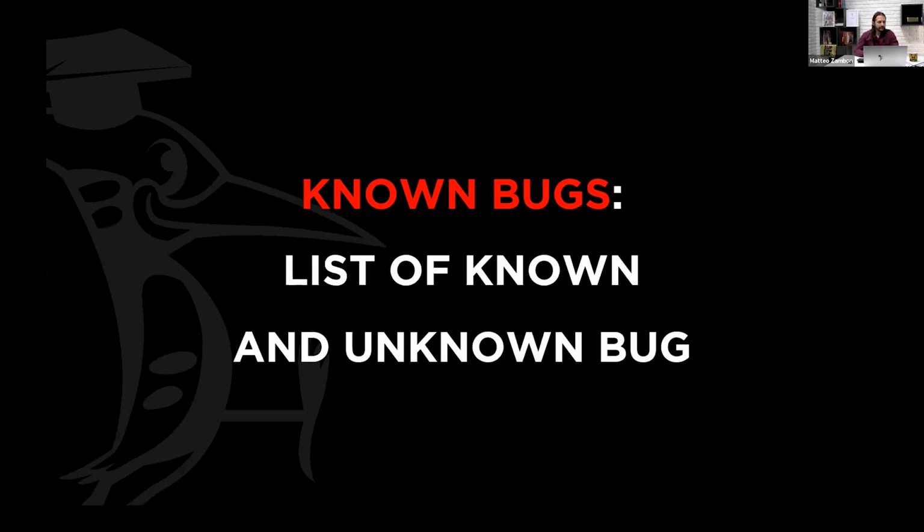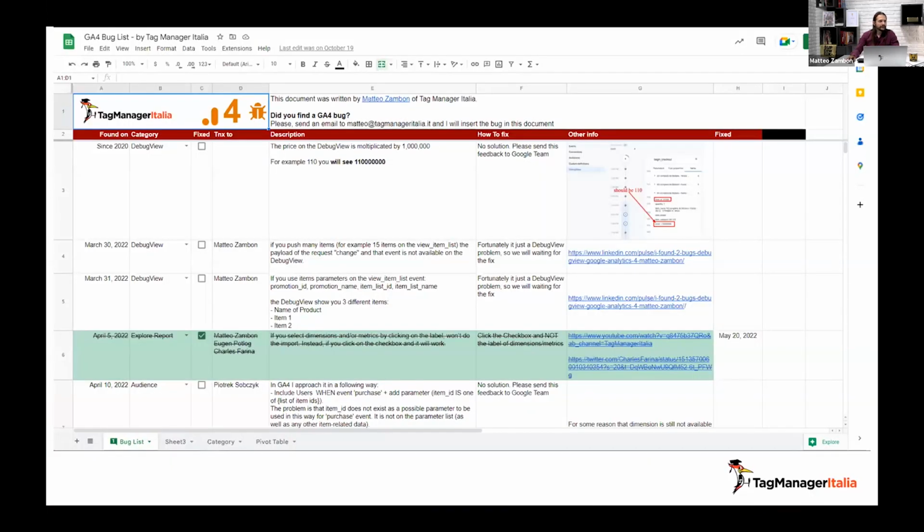No bugs, list of known and unknown bugs. I created a list of GA4 bugs since last April, because I saw that there are a lot of problems in GA4, and often they were already reported by different people.